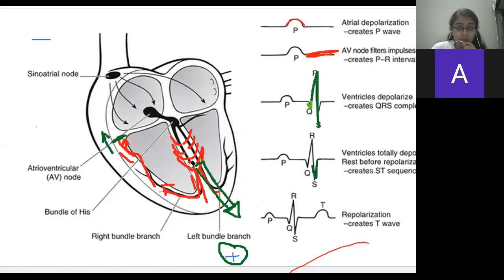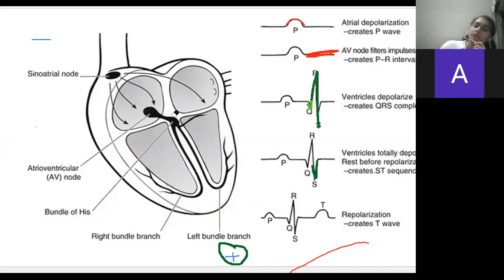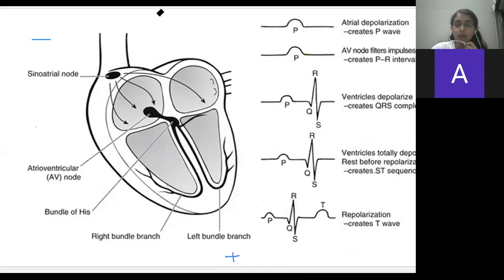But before this repolarization takes place, there is a little time gap for which the heart muscles will pause before repolarization. It is significant. The significance is that there should be complete emptying of both the chambers, so that the blood reaches properly to all the other parts, the pulmonary artery and the aorta. So that is why there is a little time before the repolarization starts.